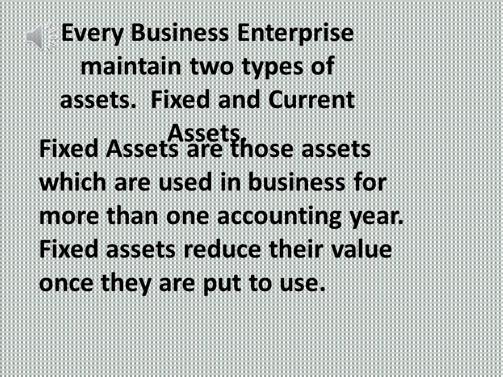And that is why, to know the correct value of the asset throughout that particular accounting year, the depreciation is calculated on fixed assets. A few examples of fixed assets would be building and premises, machinery, furniture, and so on. And if we are talking about the current assets of the company, we have cash, bills receivable, prepaid expenses, or any other liquid assets.